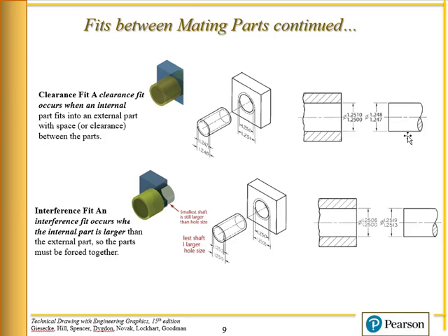In a clearance fit, we take the hole and subtract the shaft size, and it's always going to be positive, and that means there's always a clearance between those two parts. We're going to talk more about fits between parts as part of your homework assignment as well.